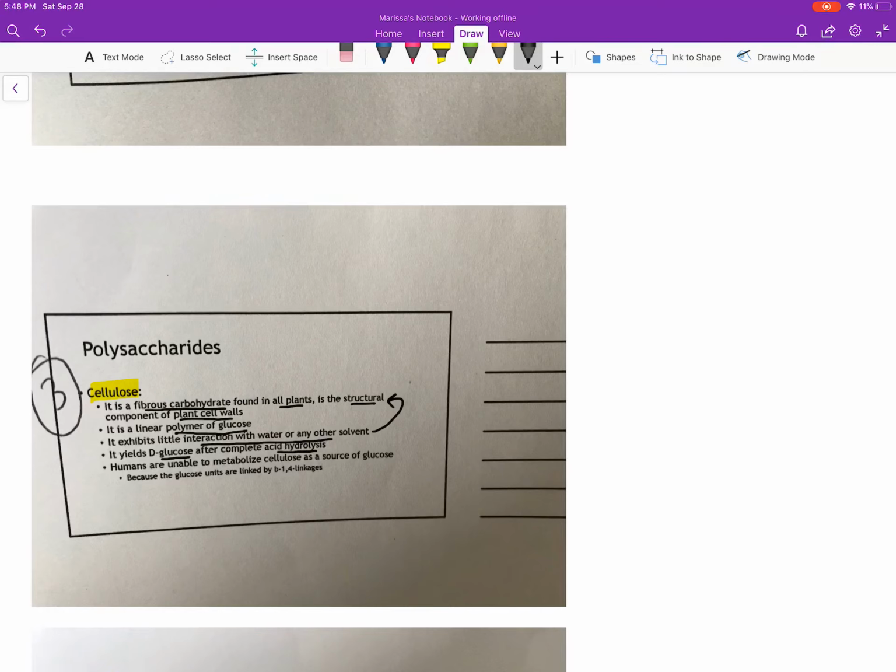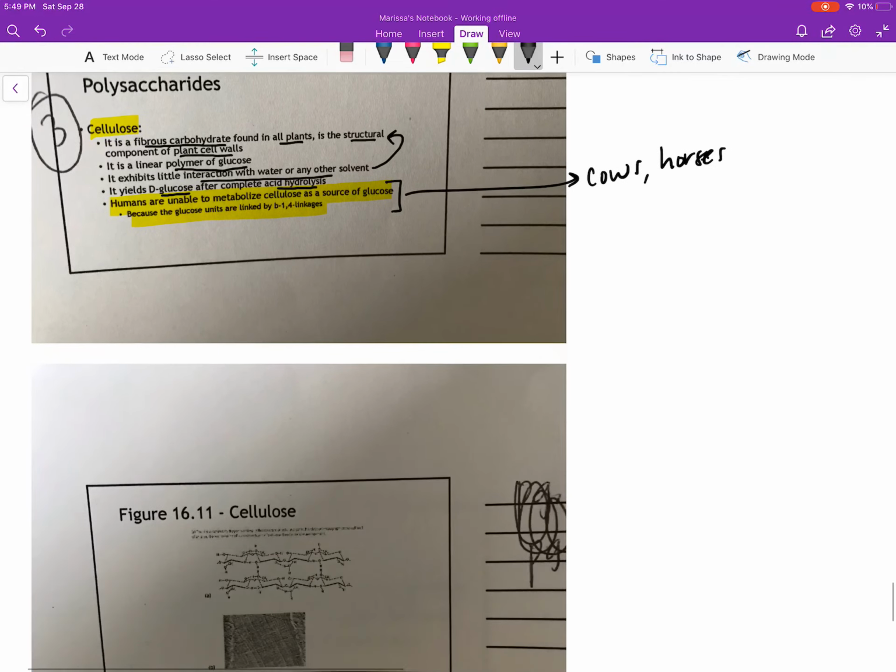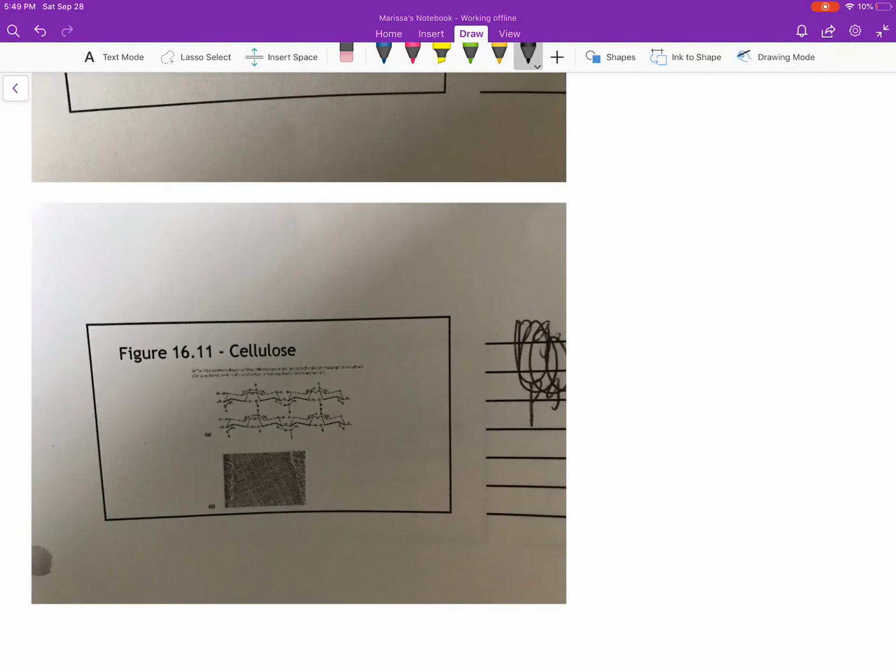And fun fact, humans are not able to metabolize cellulose as a source of glucose because the glucose units are linked by beta 1,4 linkages. So who eats cellulose? Cows, horses. They have the ability to break down the cellulose that we don't. So what does cellulose look like? Kind of like this, in black and white with fuzziness.